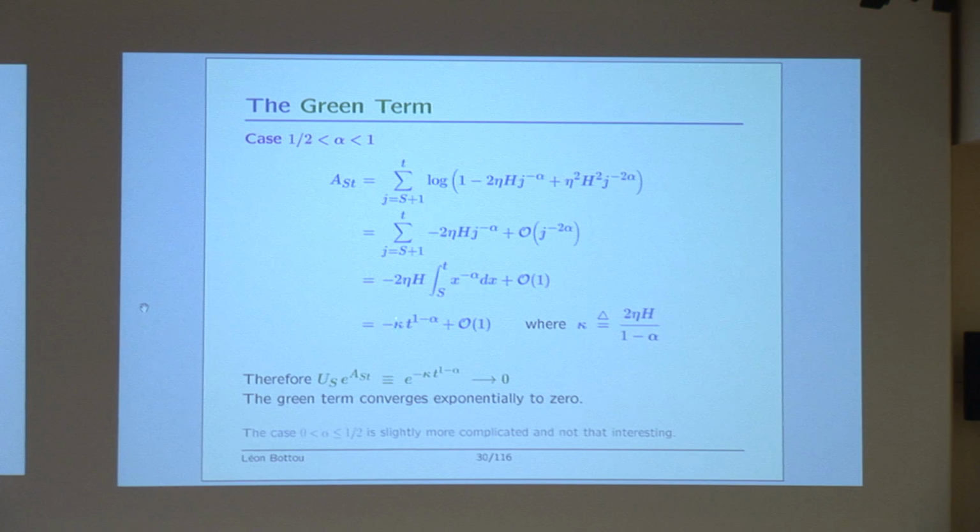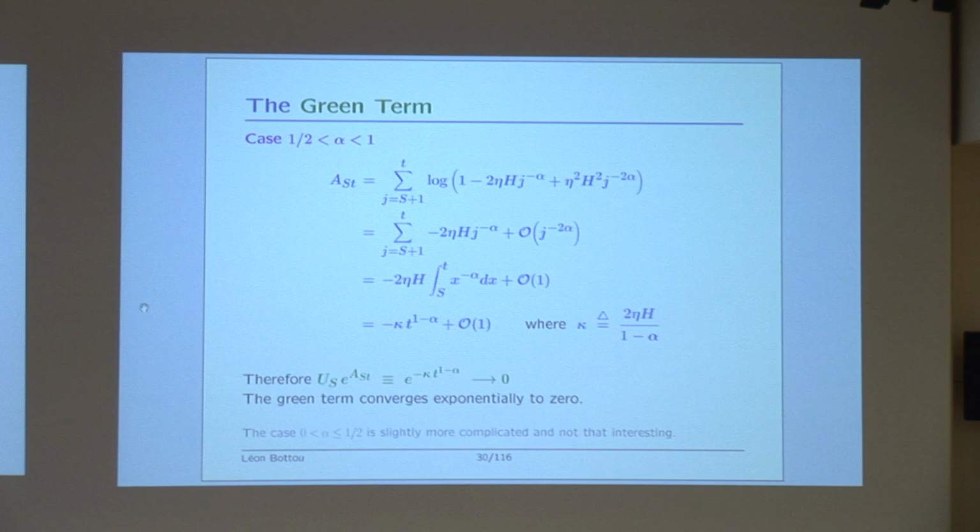And then I can take my integral, and I say it's going to be kappa t to the 1 minus alpha, where kappa is just the constant term that you have there. Then my green term that I can write as US exponential AST, it's equivalent to exponential of minus kappa t to the 1 minus alpha. It goes to 0. Basically, the green term converges exponentially to 0 when alpha is between 1/2 and 1. OK. Good. That's just the beginning.